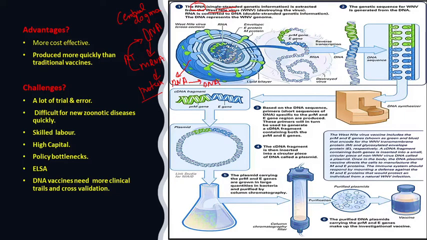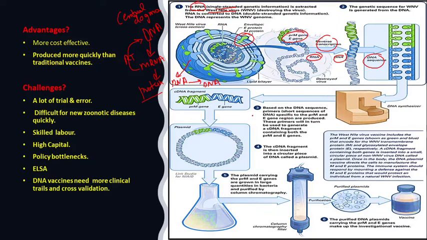Let us say there is a particular protein of interest, in this case the M protein. We take the gene of interest which codes for the M protein. RNA is converted into DNA via reverse transcription, and the DNA sequences are made in the synthesizer.